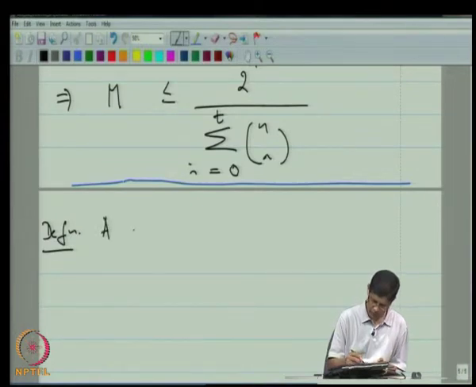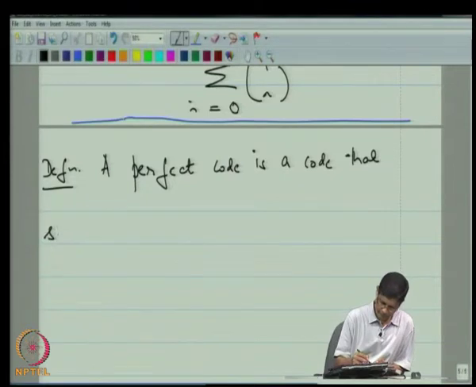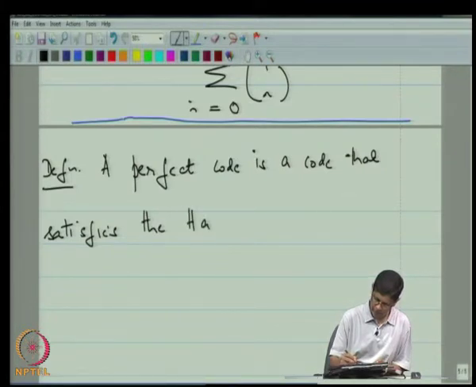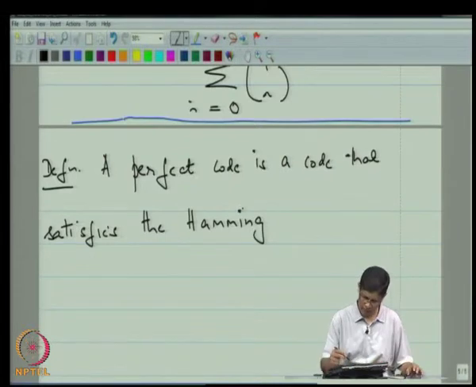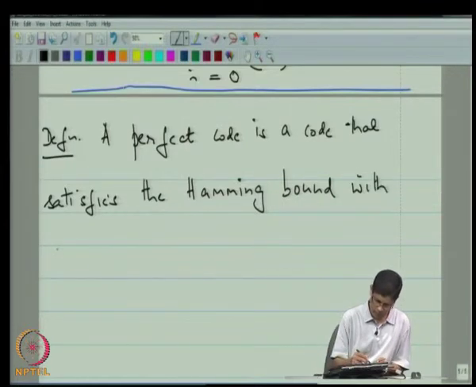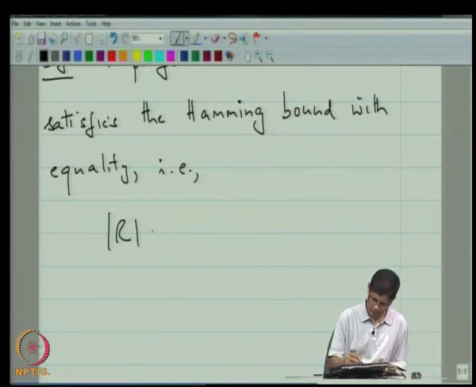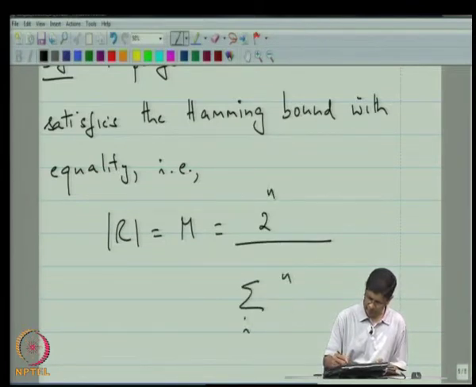A perfect code is a code that satisfies the Hamming bound with equality, i.e. the size of the code is equal to 2 to the n divided by the sum over i of n choose i.